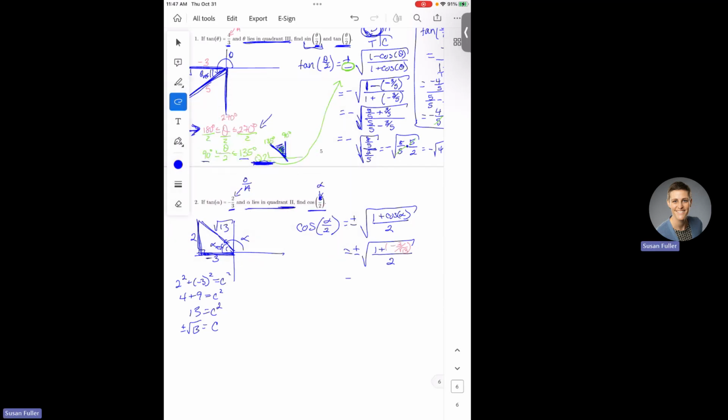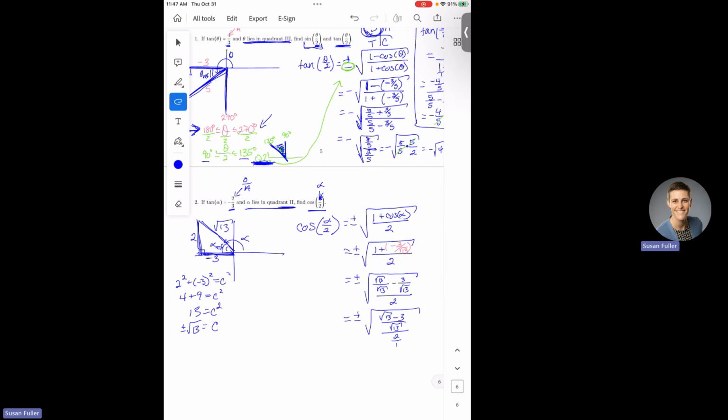Okay. From here, we're going to fight through the algebra. I need a common denominator up top. That's √13. So I'm going to write 1 as √13 over √13 minus 3 over √13 all over 2. Now I can add: √13 minus 3 is whatever √13 minus 3 is, keeping that common denominator.